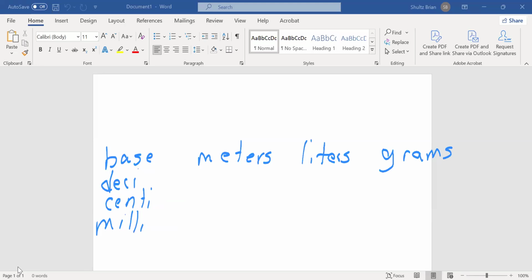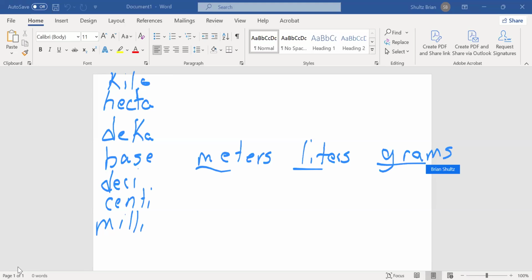And the larger measures are deca, hecta, and kilo, for kilograms, meters, and liters. And so I would put each of these prefixes in front of the base measure. If I'm measuring length, meters, kilometers, you've heard of, centimeters, you've heard of, but we've got those things there.